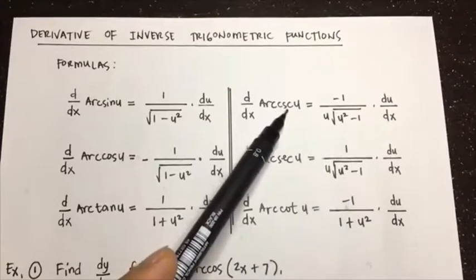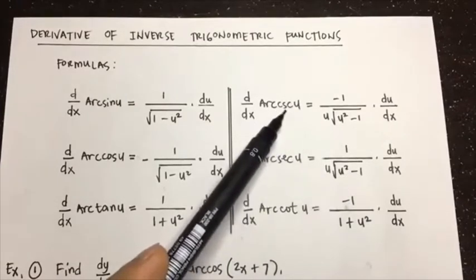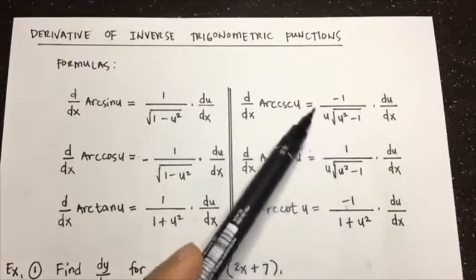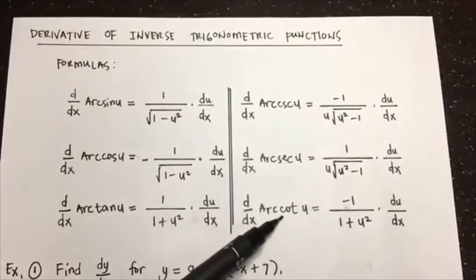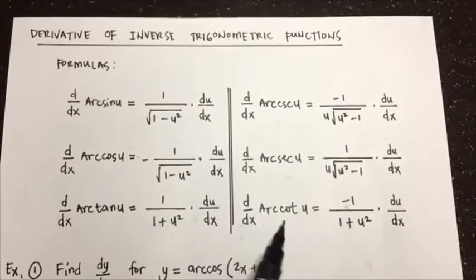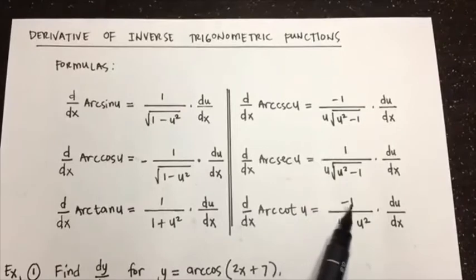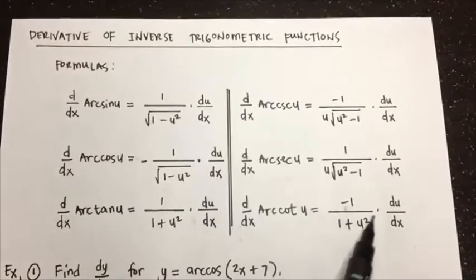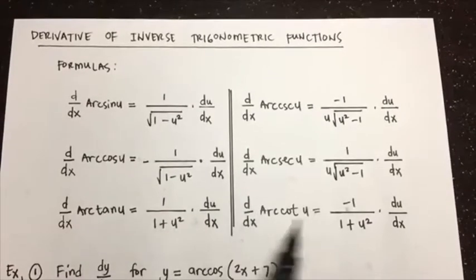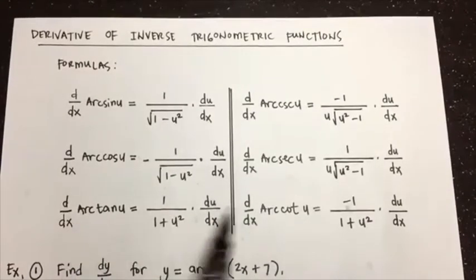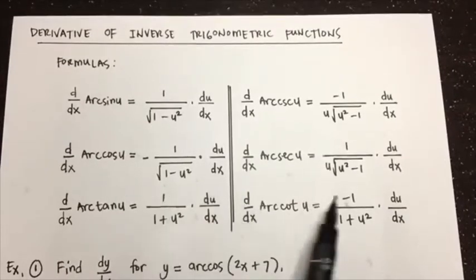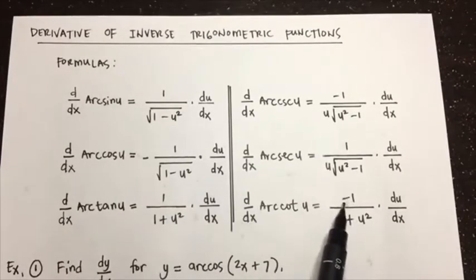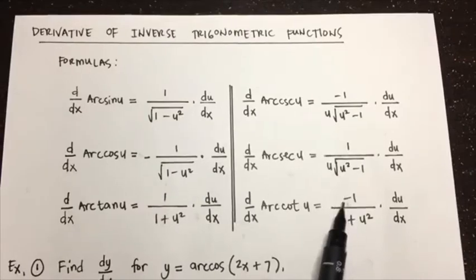For arc cosecant, it's negative 1 over the same. For arc cotangent, the derivative of arc cotangent of u is equal to negative 1 over 1 plus u squared times du over dx. It's still the same as arctan of u, except that arctan of u's derivative is positive, while the derivative of arc cotangent is negative.